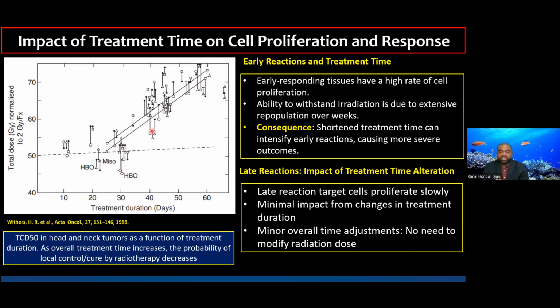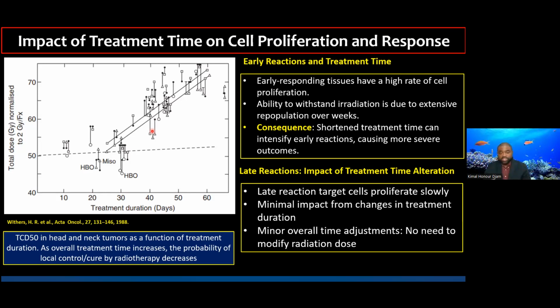That means that for every 2 gray daily fraction, there is a counterbalance. In other words, every 2 gray daily fraction is counterbalanced by a loss of 0.6 gray due to repopulation, which in turn reduces the effective dose from 2 gray per fraction to a dose of 1.4 gray per fraction.